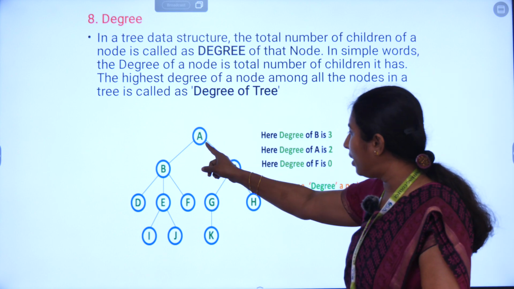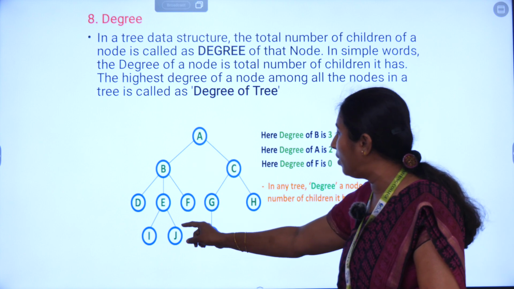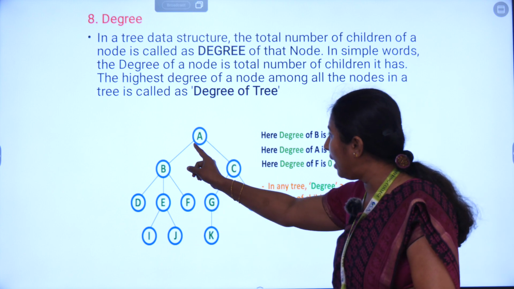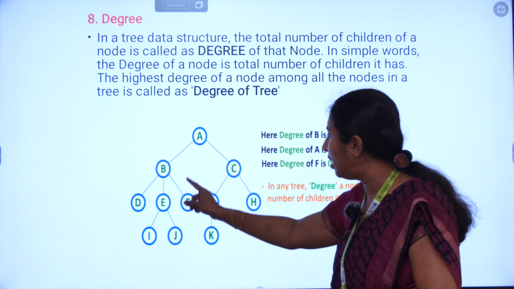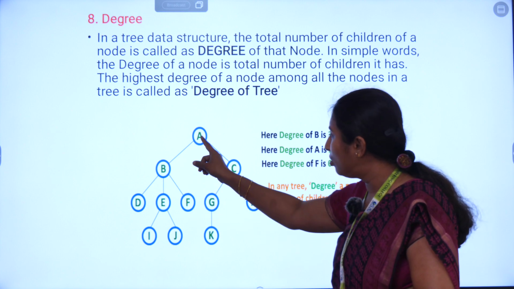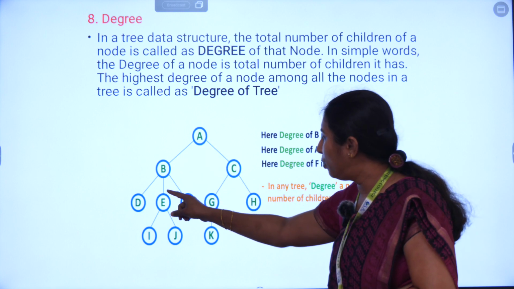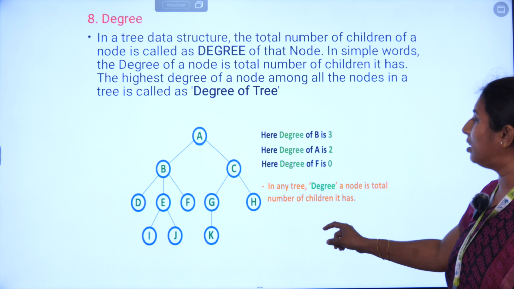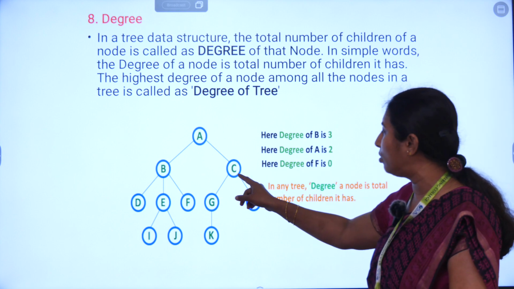So the degree of this particular tree is given by the node with the highest degree. A has 3 edges, 1, 2, 3, whereas to reach here we have only 2 edges. So the degree of this tree will be 3.